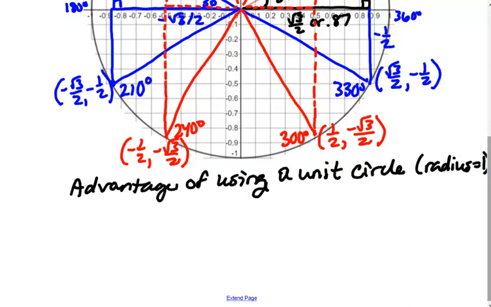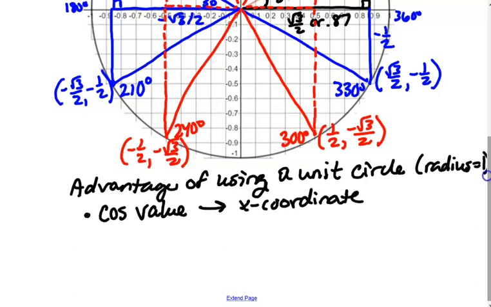So what's the advantage of using a unit circle is, one, the cosine value is just the x-coordinate on the circle.